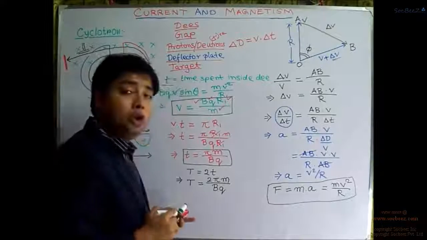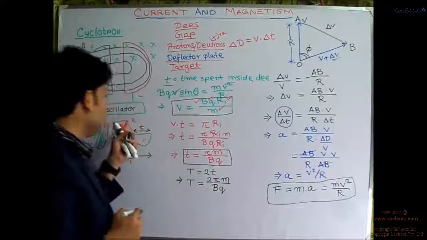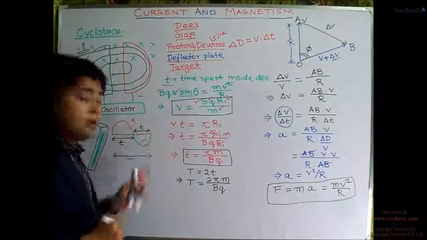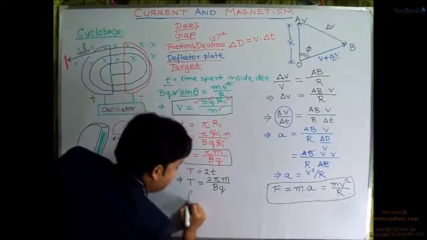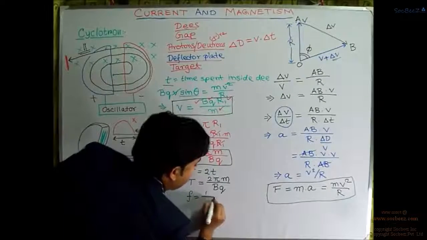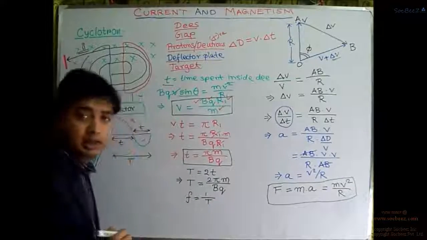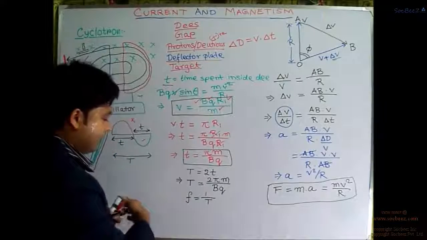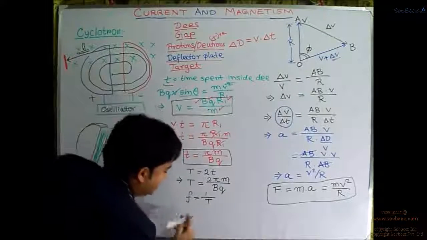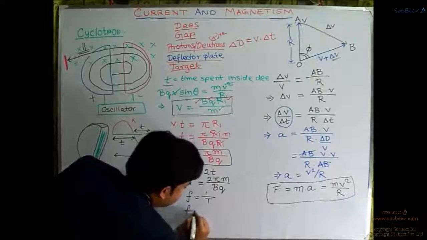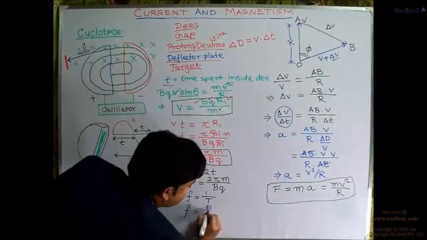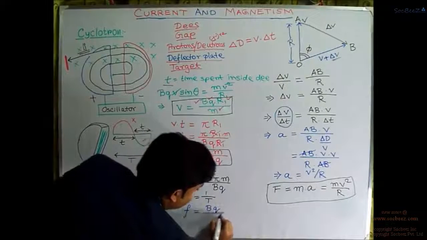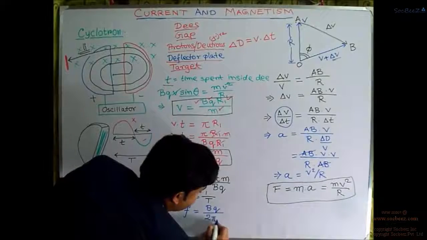And as we know, the frequency of this waveform is equal to 1 divided by the time period. Thus we can say that f is just the reciprocal of this time, which means BQ divided by 2 pi m.